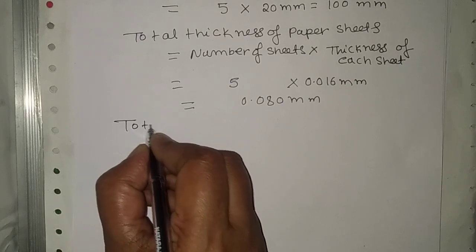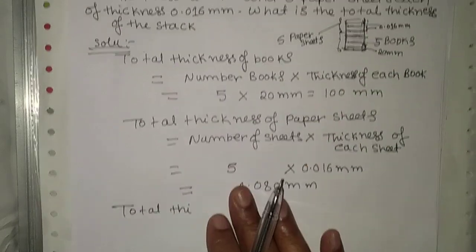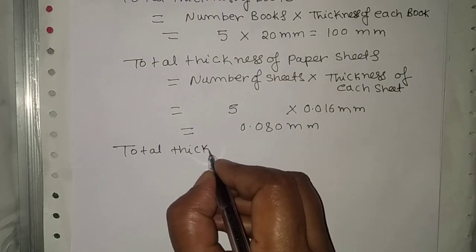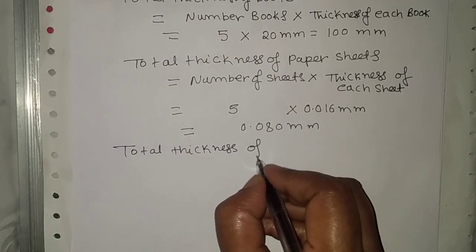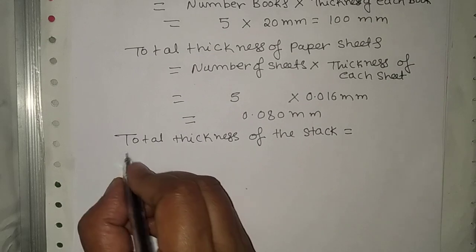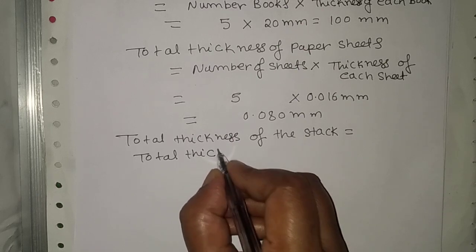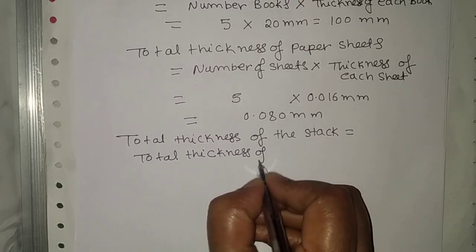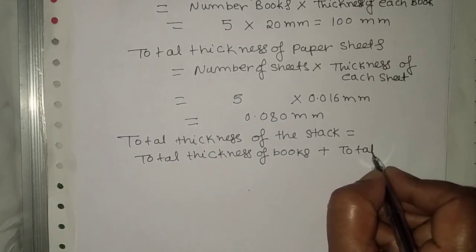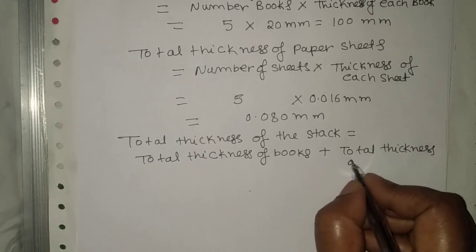Finally, we find the total thickness of the stack, which contains books and sheets. The thickness of the stack is equal to the total thickness of books plus the total thickness of sheets.